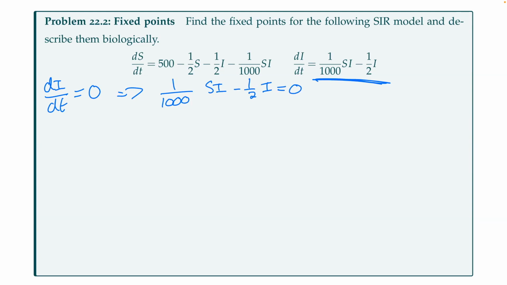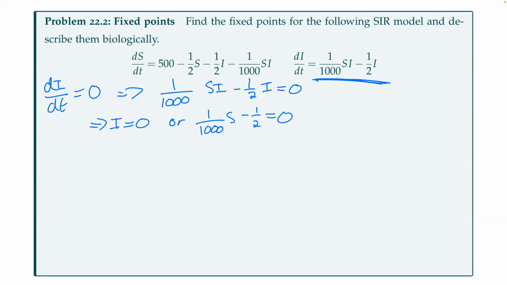Since there's an I in both of these terms, we can factor that out. It tells us that either I must equal 0, or 1/1000 S minus a half must equal 0.